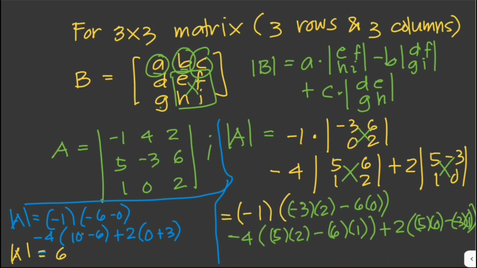Then +6 minus 4 times 10 minus 6 is 4. 4 times 4 is 16, minus 16. Then 0 plus 3 is 3. 3 times 2 is 6. And this would give us an answer of -4. Therefore, the determinant of matrix A is equal to -4.